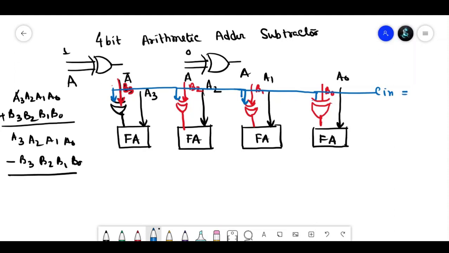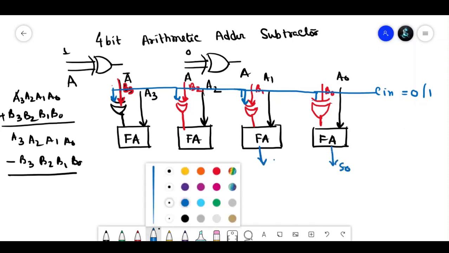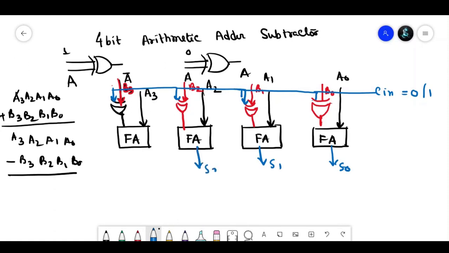So it can be either 0 or it can be 1 and the resultant will be sum 0, sum 1, sum 2 and sum 3. And this is the C4. So here we can connect this. So here C1 will be connected with this. This is the C in. Then it is C1, it is C2, it is C3.